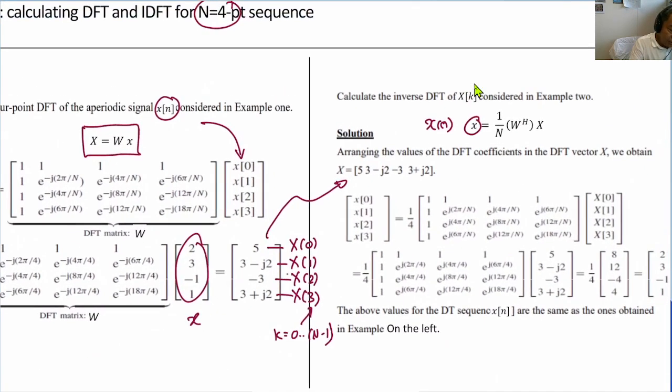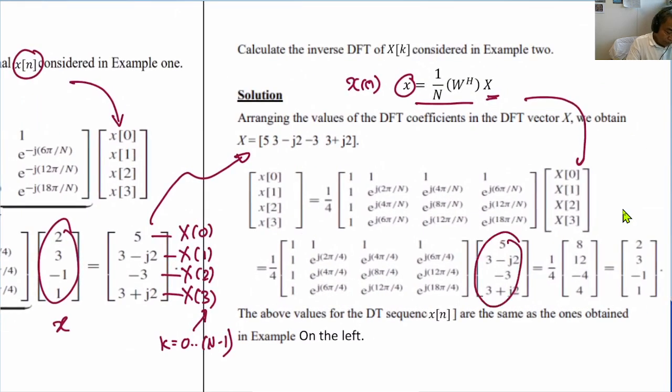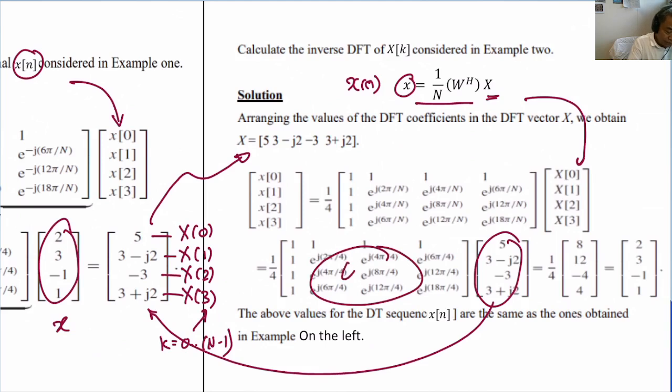Remember in our previous slide, we showed that the synthesis, which means converting from the DFT coefficients capital X back to the time domain, uses 1 over N times W^H times capital X. We put capital X here, we put the W^H matrix here, we put 1 over N here, and we compute 1 over N multiplied by W^H multiplied by capital X. It will give us the small x[n].